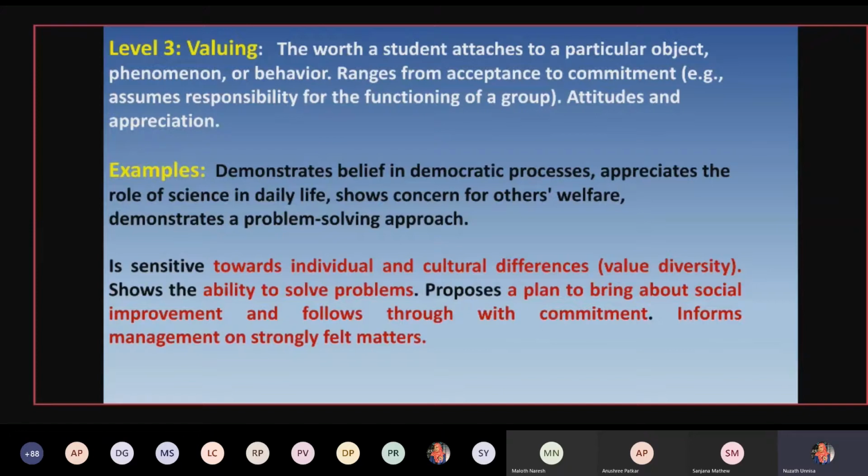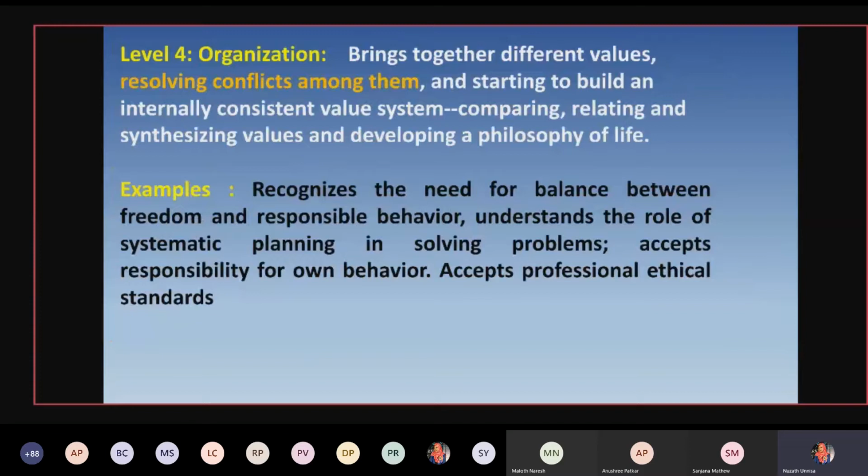So if we just take up examples, a student will be proposing a plan to bring out improvement on a social level, demonstrate belief in democratic process, appreciate the role of science in daily life, and so on. So this is the advanced level, I can say, the valuing. Valuing is the third level of affective domain.